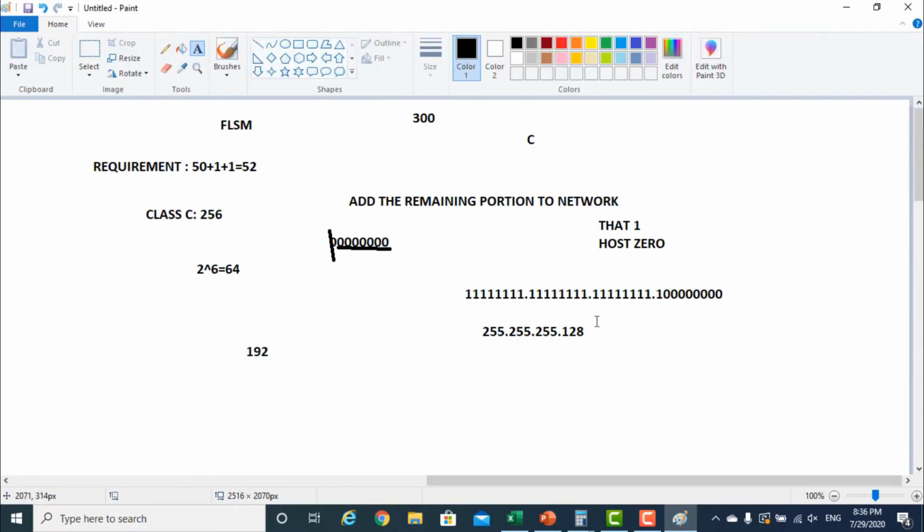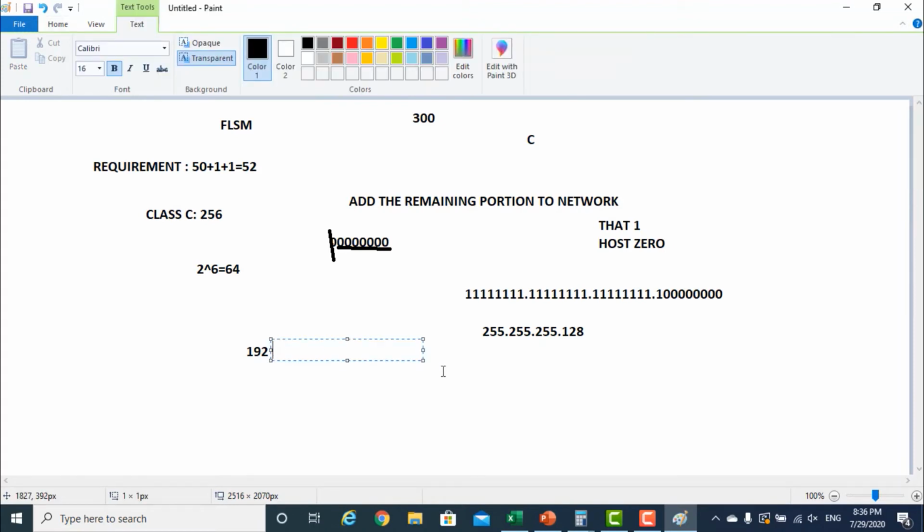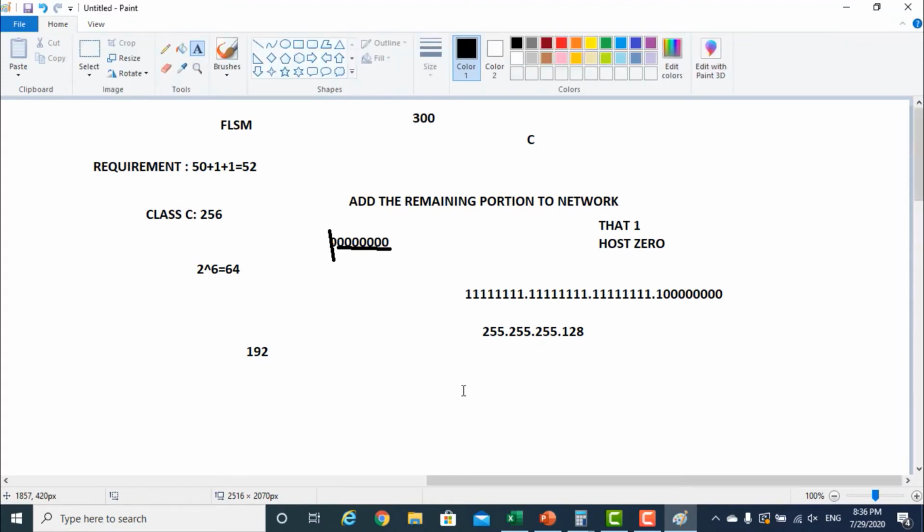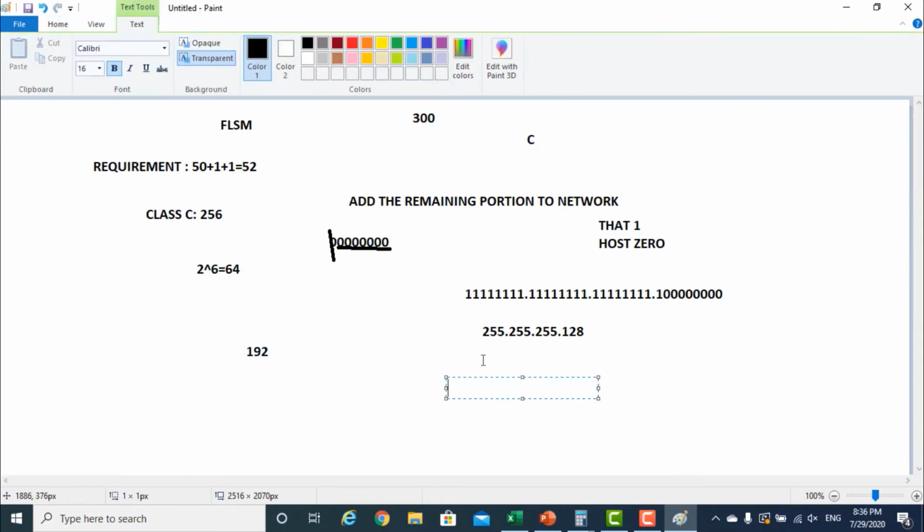Once you write the subnet as 128, the computer directly realizes that since it's 128, this is the subnet. Each subnet for this class is not going to be from 192.168.1.0 to 255, because now you don't have 0 in the last octet. You have some number in the last.